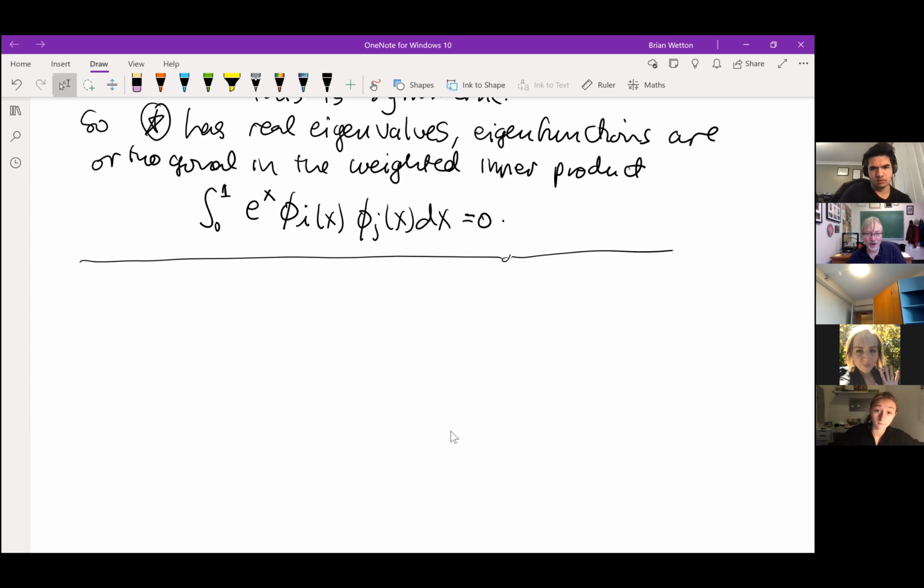The poll is, are complex numbers your friends? There are 47 people, so we can see how this goes.